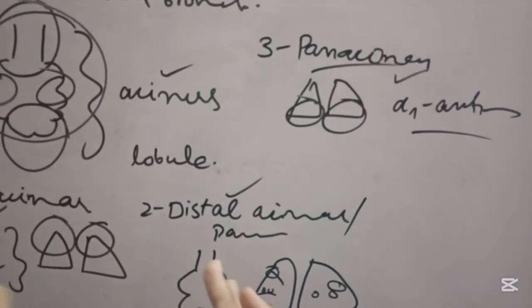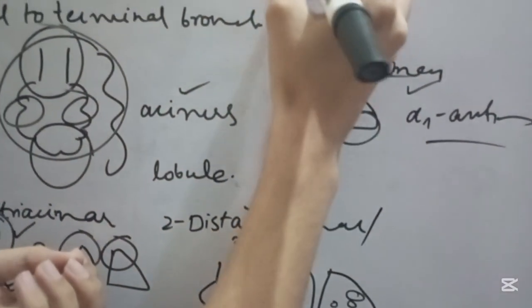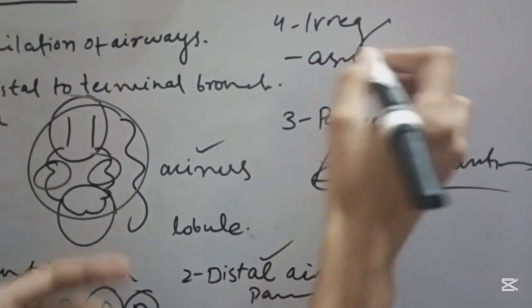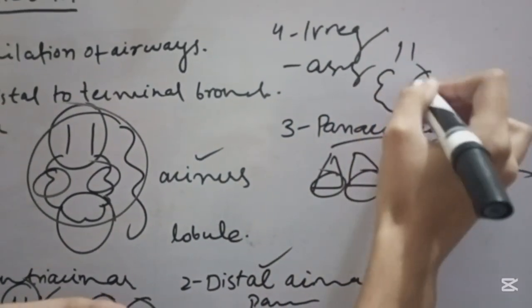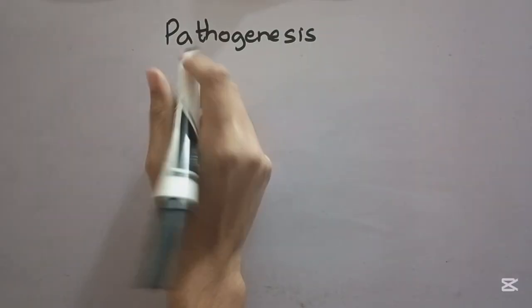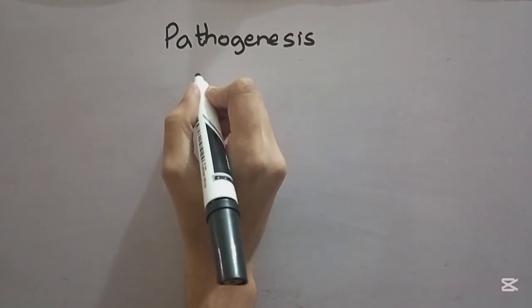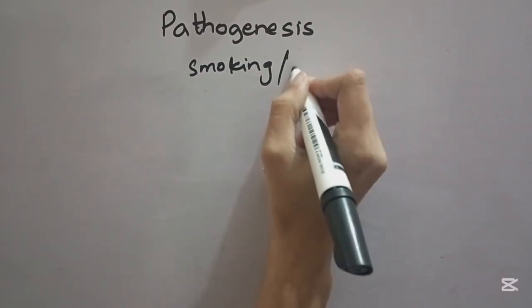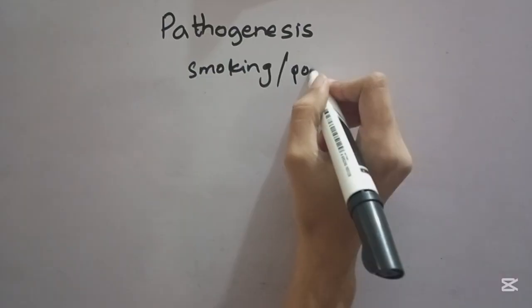This is the most common type, and it's mostly asymptomatic. In this, the areas which are involved are irregularly present. But emphysema mostly occurs in smokers, so we have smoking here, and other pollutants also play a role.